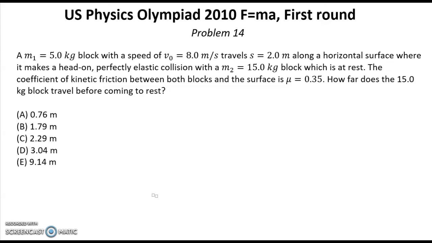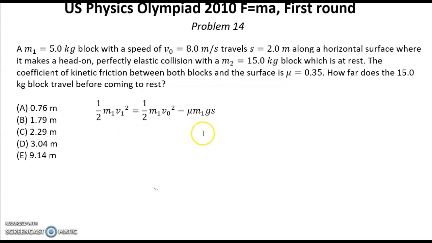So first step, we have this equation: initial kinetic energy equals final kinetic energy minus work done by force of friction. So that will be this expression, and we can find V1 squared from here.